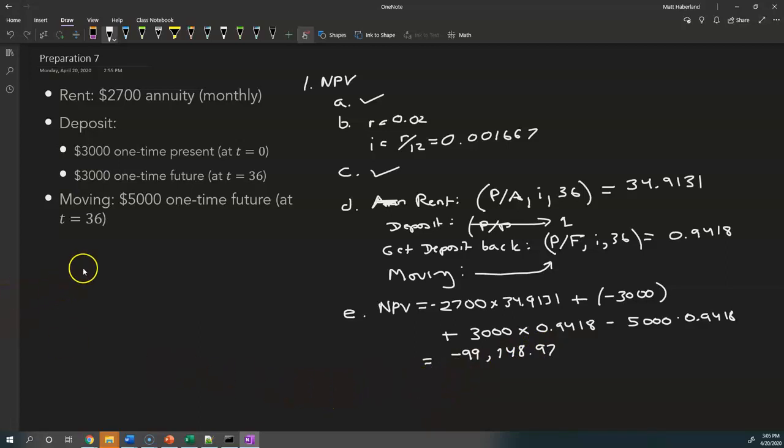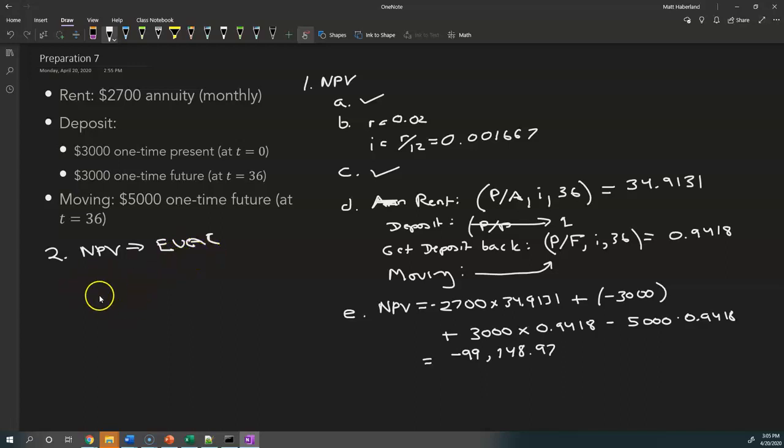All right, step 2 of this is we're going to take that and convert it into an annuity. So we're going to take that NPV and turn it into an equivalent uniform annual cost by multiplying it by a negative 1, because it becomes a cost instead of a value. And we're also going to have to find the discount factor. So we need the discount factor for the EUAC.